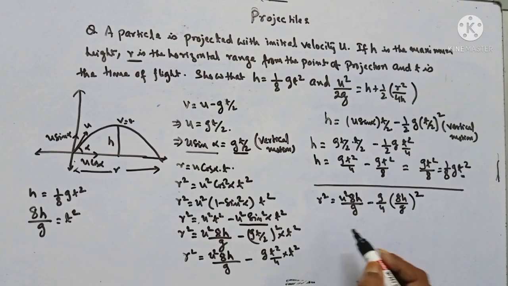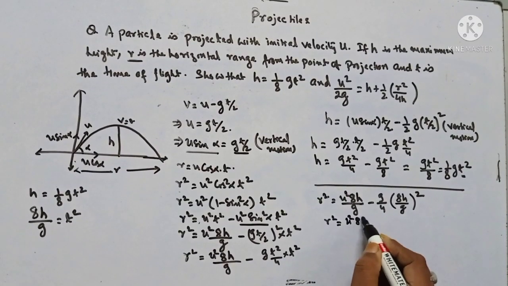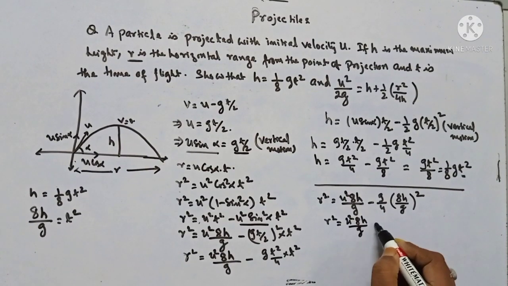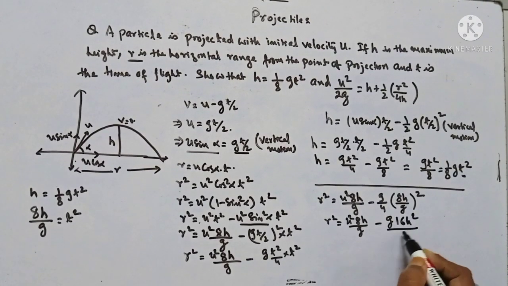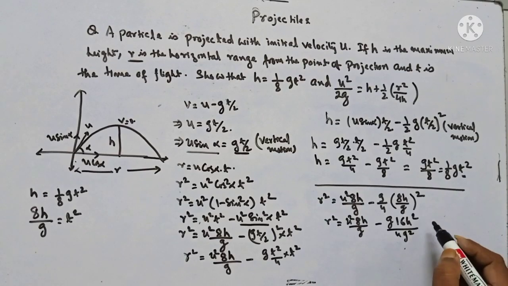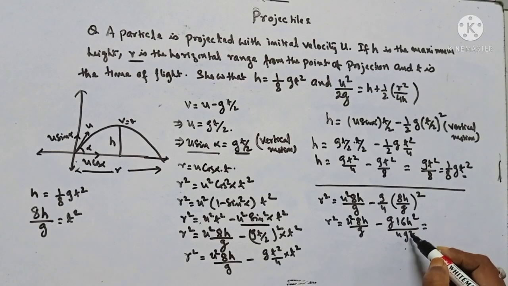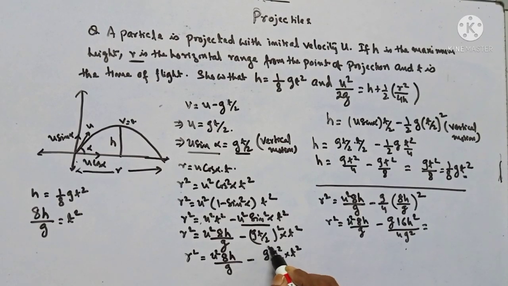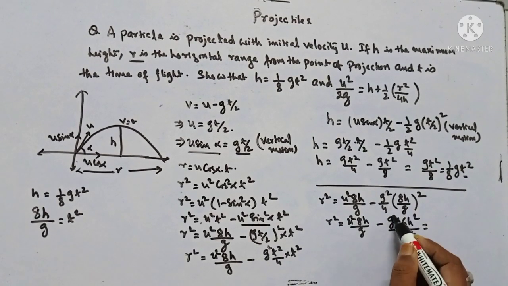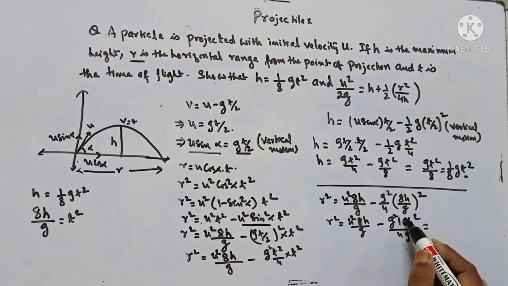So this will be your r square is equal to u square 8h by g minus g, this will be 16h square by 4g square. So this will be your g square, and g square g square cancels, and 4 4s are 16.